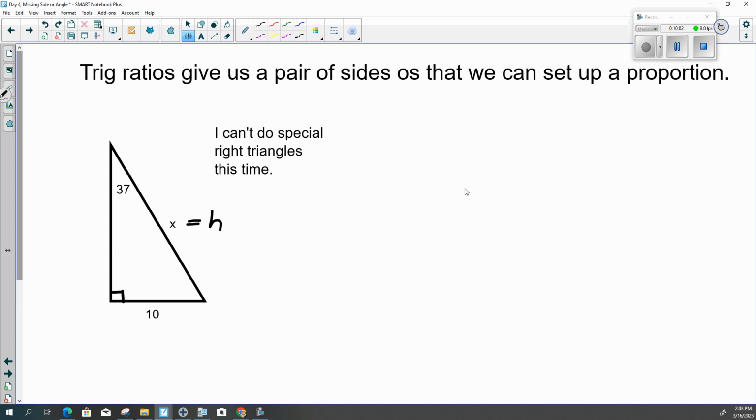Levi, is the 10 considered opposite or adjacent to the 37? Yes. We don't have the adjacent side. I always do hypotenuse first because the hypotenuse is adjacent to it, but it can't have two names. So if I label it as a hypotenuse first, it takes that out of my brain.